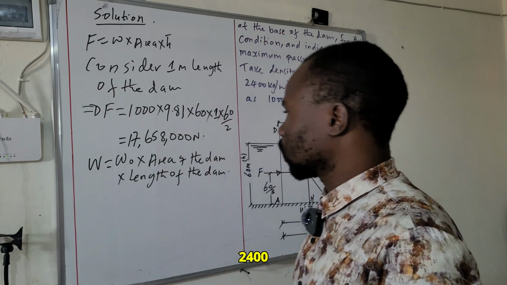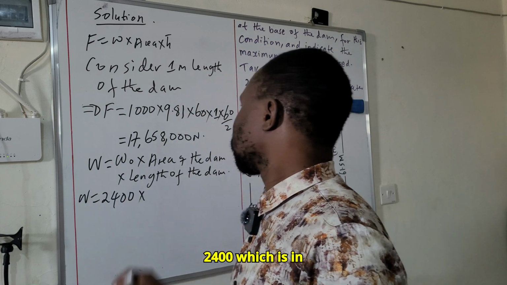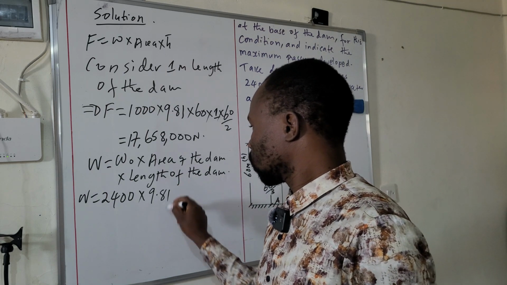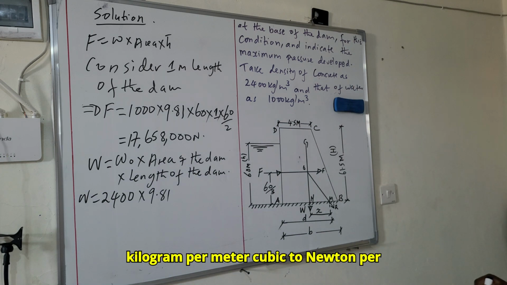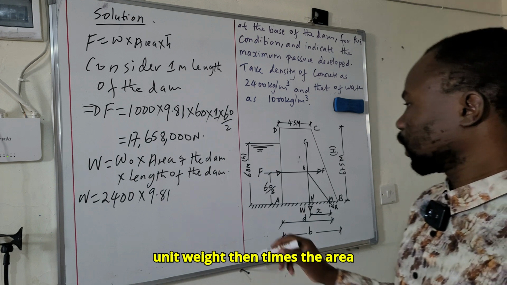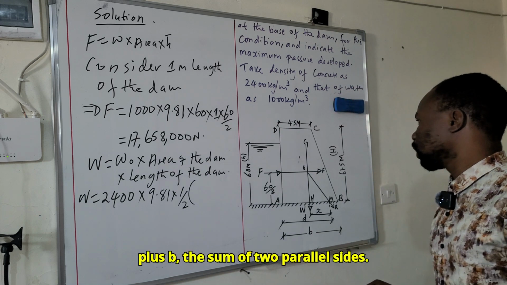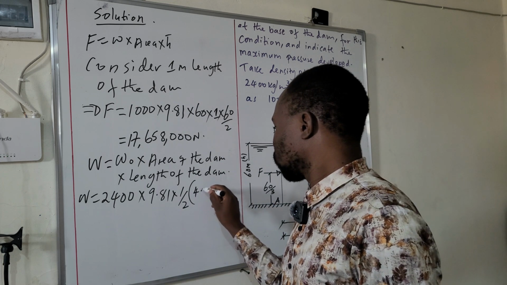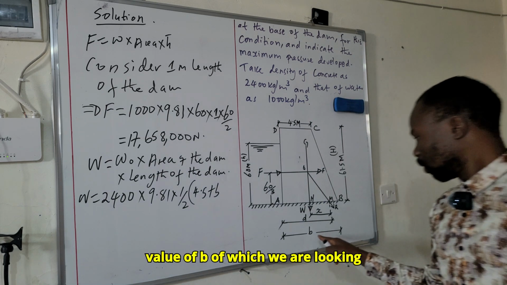So take 2400, which is in kilogram per meter cubed, multiply by 9.81. We are converting from kilogram per meter cubed to Newton per meter cubed, so from density to unit weight, then times the area. The area will be a half of A plus B, the sum of the two parallel sides. That is 4.5 plus B. We have not been given the value of B, which is what we are looking for.